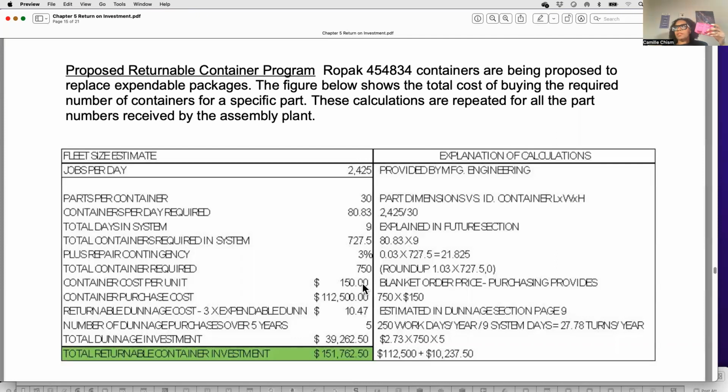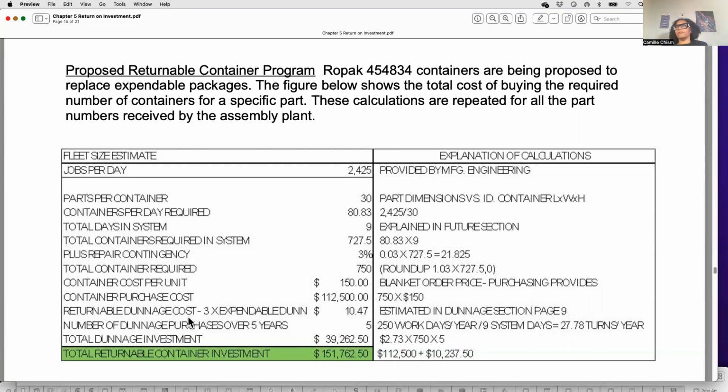So they're taking the 750 of these times $150 per bin, and they come up with $112,500 as the budget they've estimated they need to have 9 days' worth of containers in the system, based on their volume, their jobs per day, all those good things.